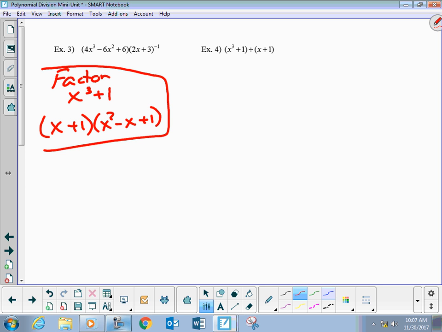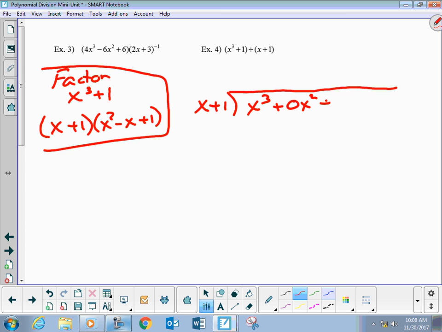All right, the next problem here, I have a division problem. I'm going to just start the same way we always start, x plus 1. And I will get x cubed. I need every single term. Do I have any x squareds? So I need to add a fill or a placeholder. Do I have any x's?